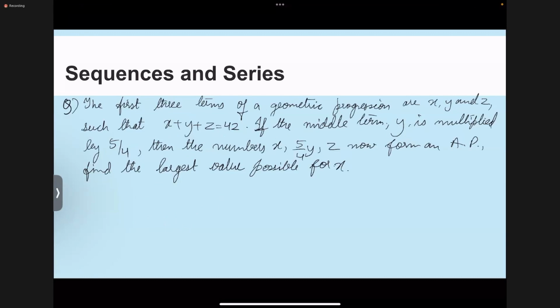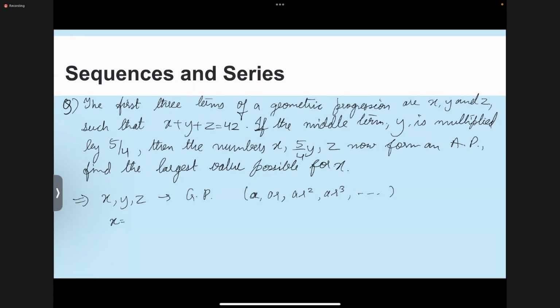Suppose you consider, x, y, z are in geometric progression. Okay, we also know that for a geometric progression, you have a, ar, ar squared, ar cube, and so on. So similarly, we can write x, y, z in the form of the geometric progression terms.